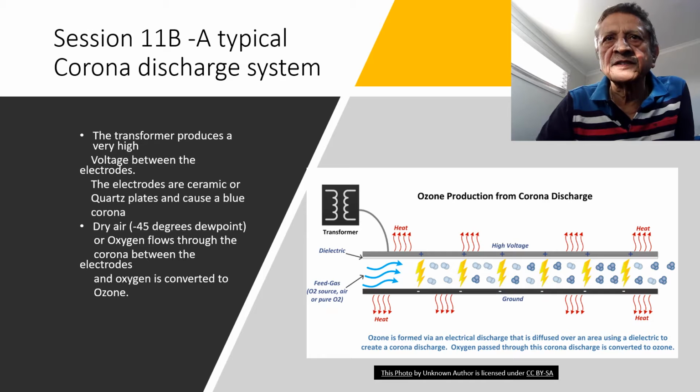It's quite obvious you wouldn't expect a complete conversion of oxygen to ozone, but it will be a concentration of ozone in a mixture of oxygen. If air is used, then it will be an ozone-air mixture.